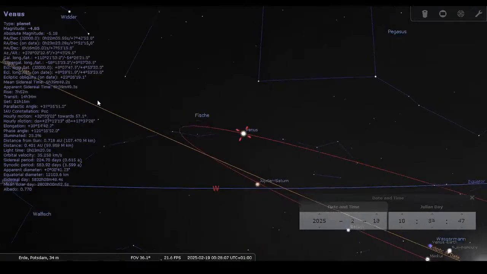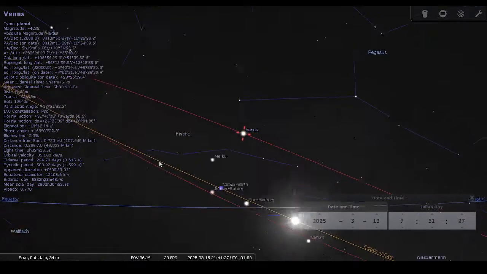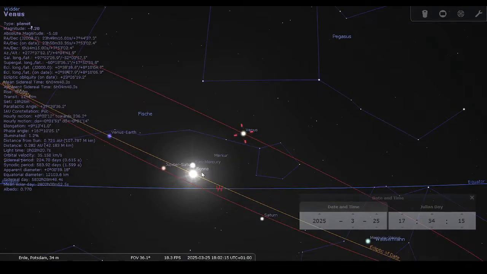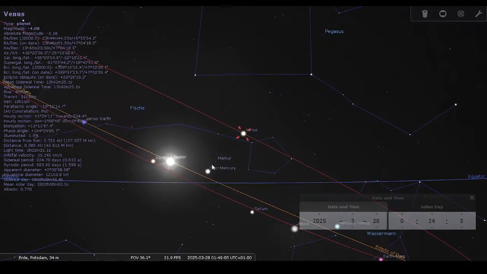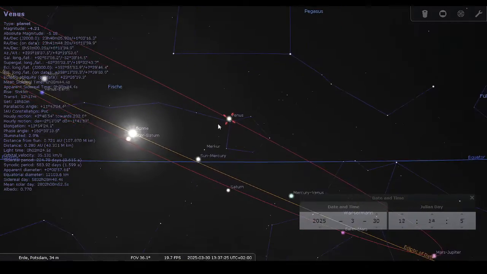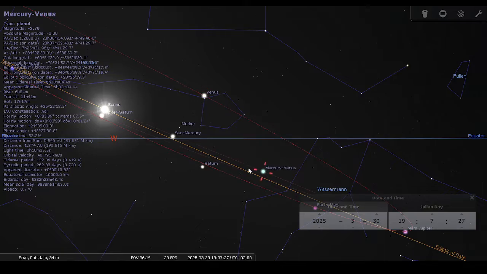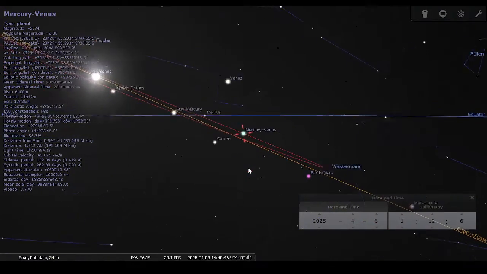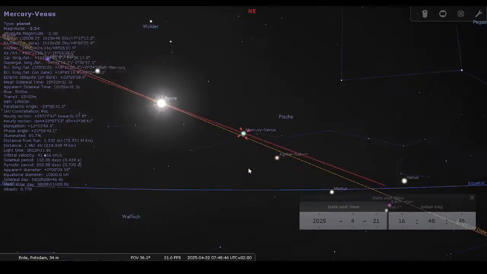So Venus is a bit slower than Mercury-Venus. So you can see Sun-Mercury is faster than Mercury, and Mercury is, of course, faster than Venus. But Mercury-Venus is also faster than Venus.